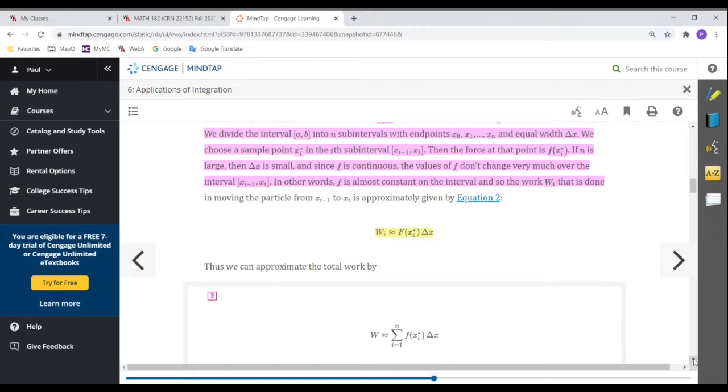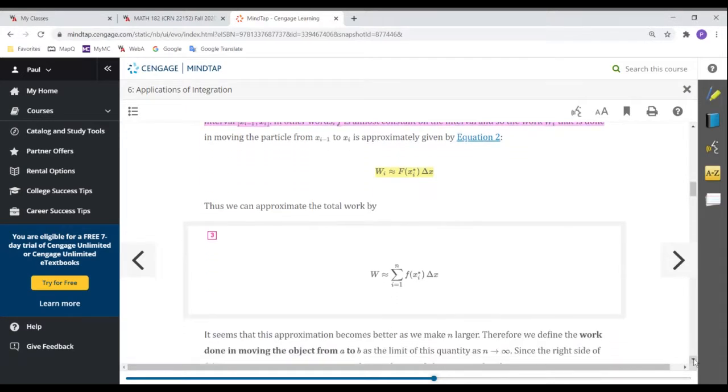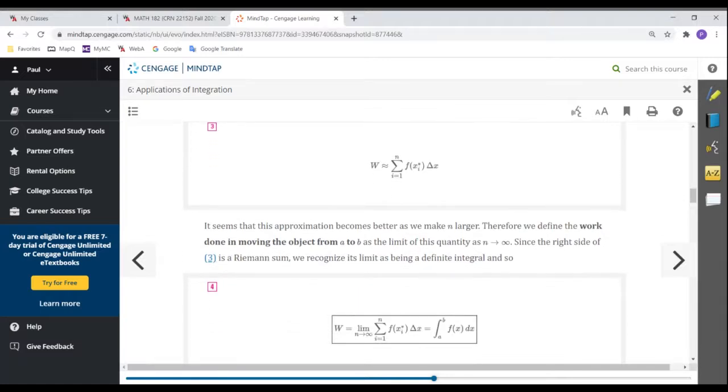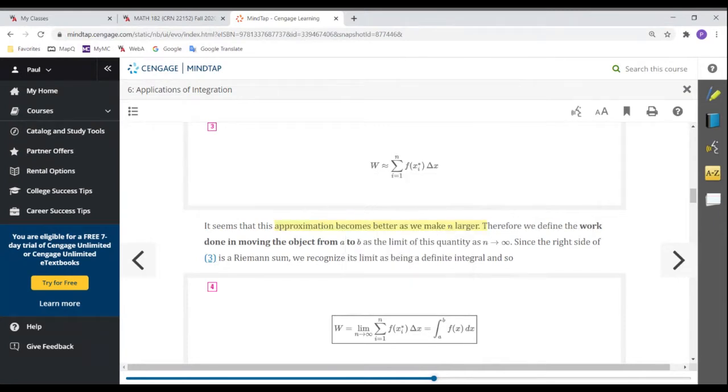So the work can be approximated by taking the sum of all these little work values over the interval from a to b. As n gets larger, the approximation becomes better, and therefore we define the work done in moving an object from a to b as the limit of this quantity.